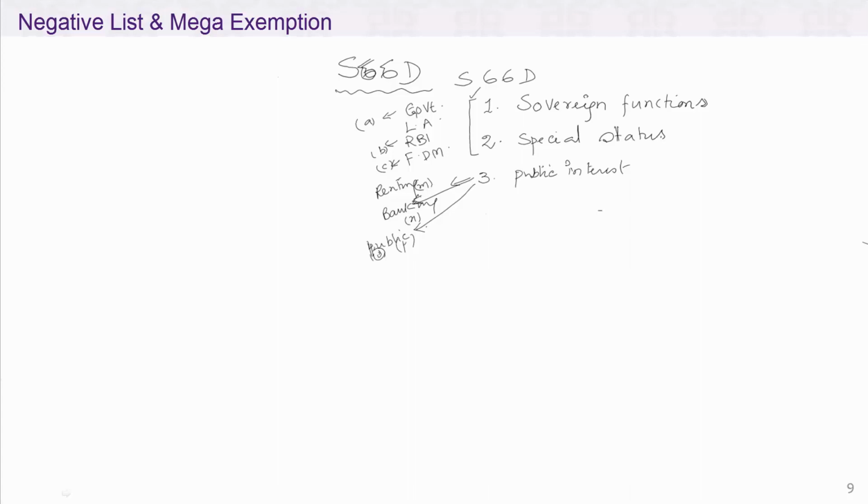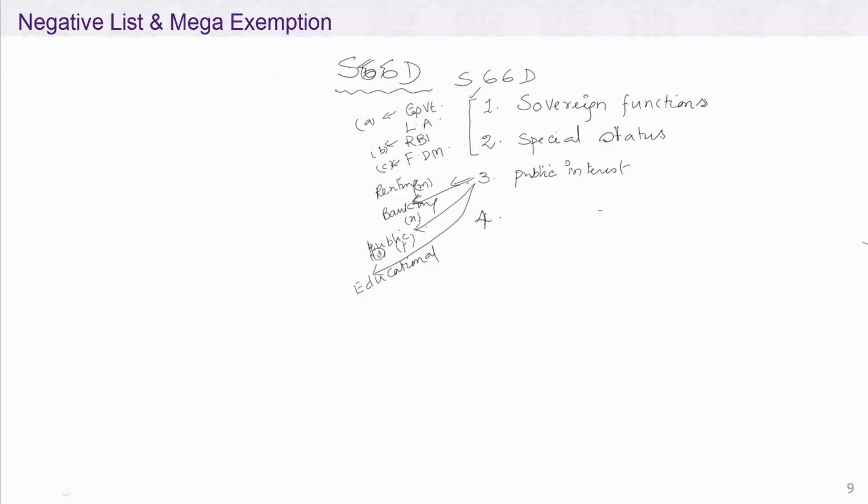And similarly, there are certain areas under public interest. You can also bring things like education, educational services, say up to 12th class, higher secondary school.